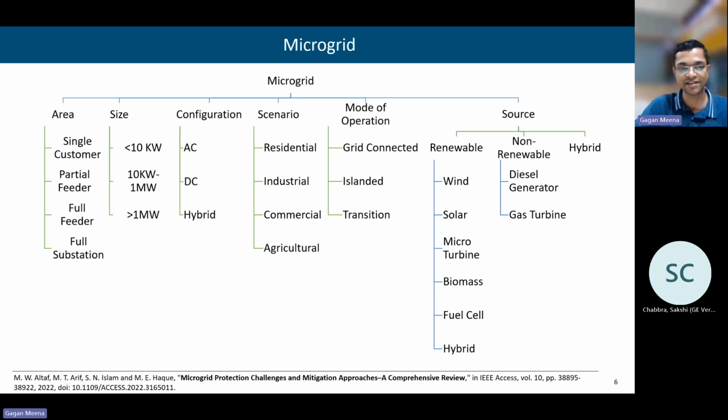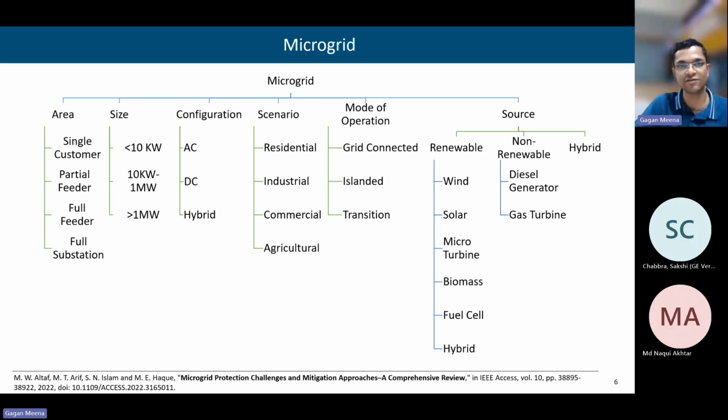This classification is given in the paper "A Comprehensive Review of Microgrid Protection and Protection Challenges and Mitigation." If you want to go into details, you can go through this paper. Some of the other slides are also based upon this paper.